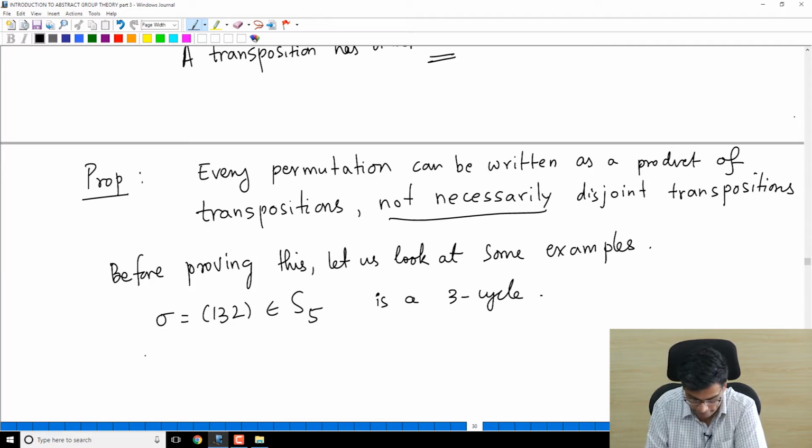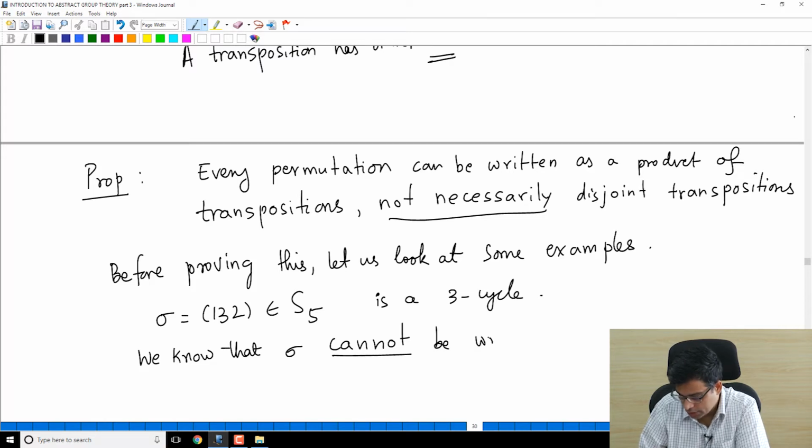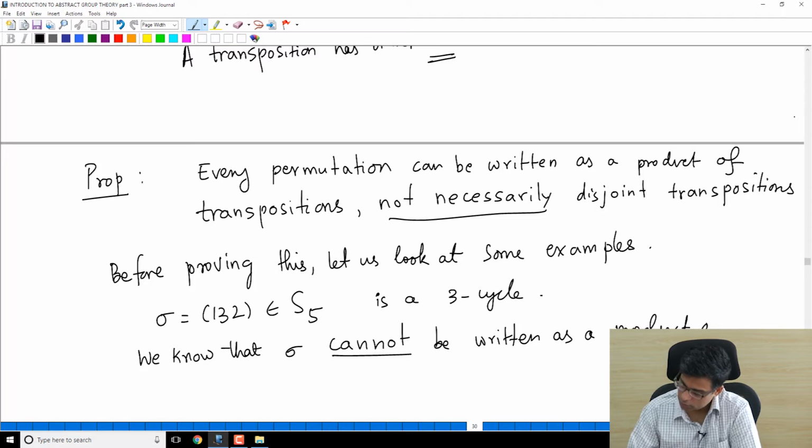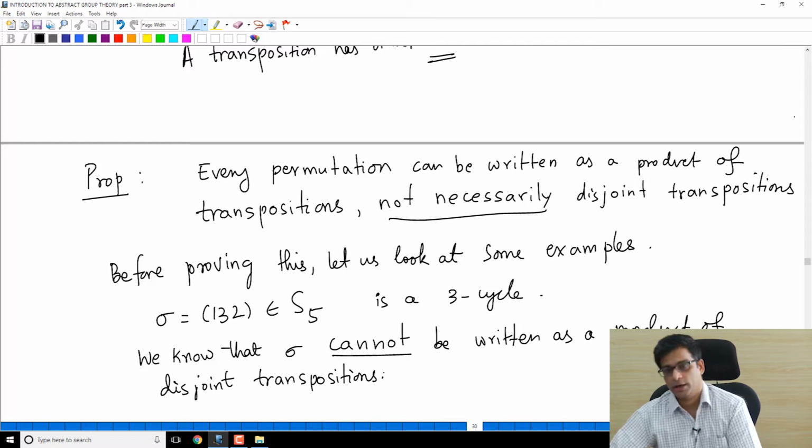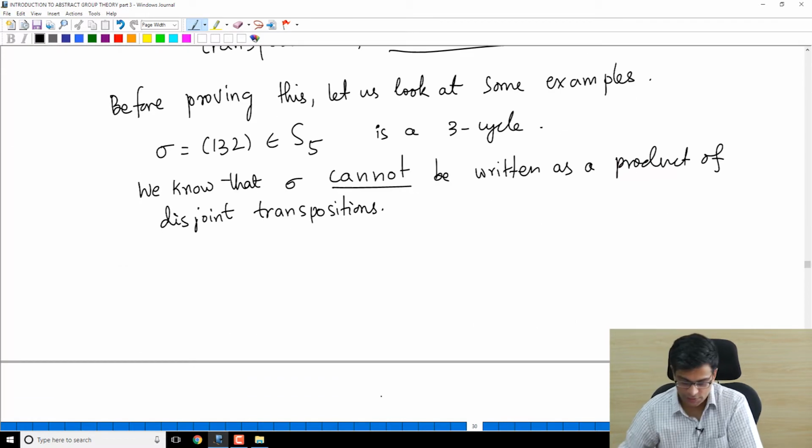We certainly know sigma cannot be written as a product of disjoint transpositions. Why? Why can't it be written as a product of disjoint transpositions?